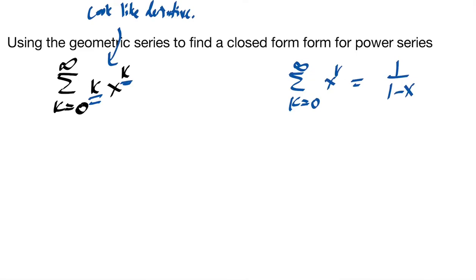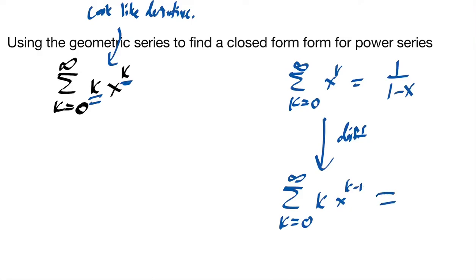So that means if we differentiate x to the k over here, then we get the sum as k goes from 0 to infinity of k x to the k minus 1, but that thing has to be the derivative of 1 over 1 minus x, which we happen to know. That one is 1 over (1 minus x) squared. How do I do that? I put it to a negative 1 power and use the chain rule.